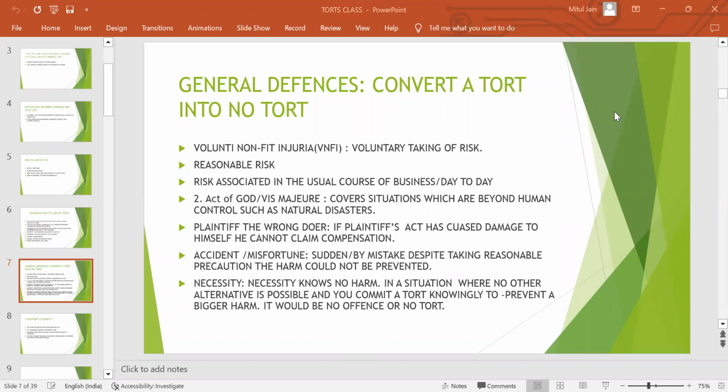Right? So that is the difference between plaintiff the wrongdoer and voluntary non-fit injury. Next one is accident or misfortune.